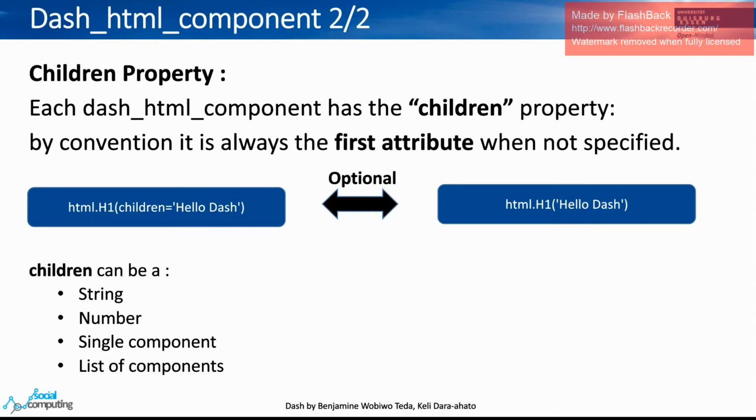Otherwise, Dash will assume that it is the first value you define in your component. The children property can be a string, a number, another component, or a list of components.